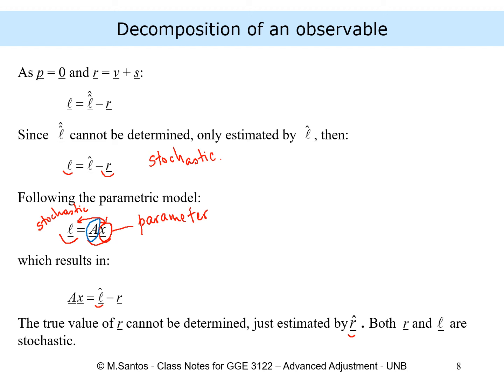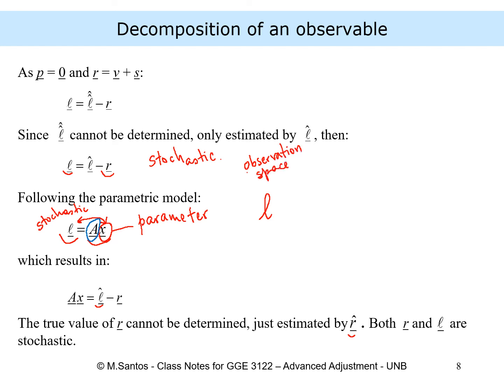It is interesting because what we have is L, which we can call the observation space.